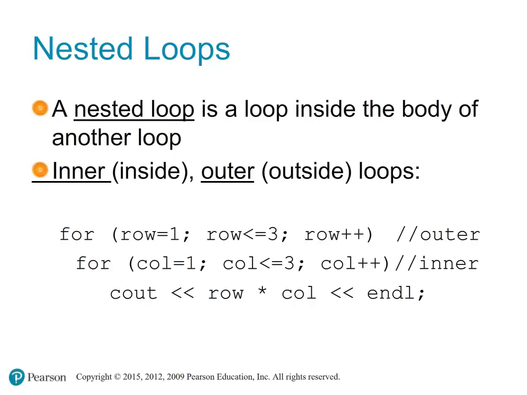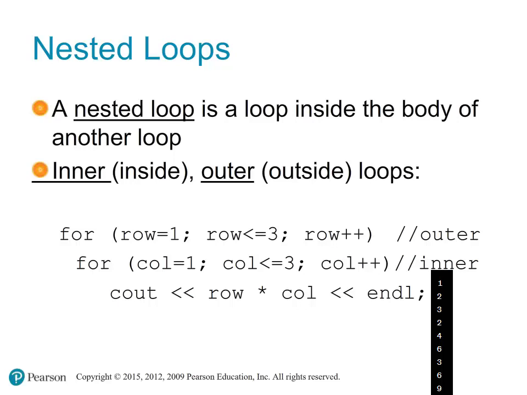The outer loop iterates over the row values from 1 to 3. For each value of row, the inner loop iterates over col, the column values from 1 to 3. The product of row and column is printed in each iteration of the inner loop.